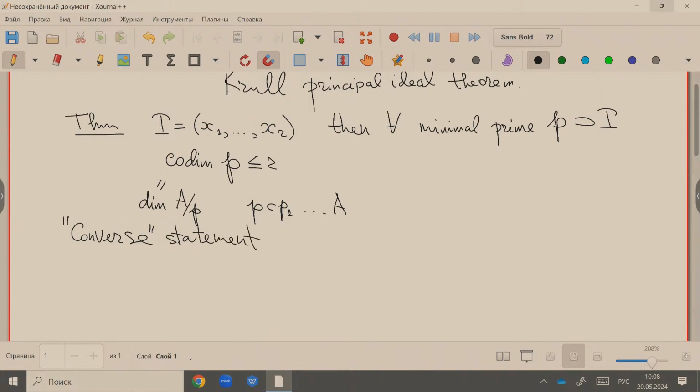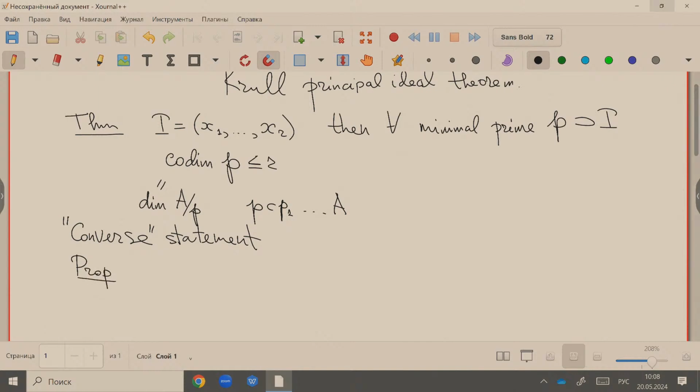This theorem says that whenever you add an equation, the dimension drops by 1. But here, instead of dimension, we precisely use the notion of codimension, which in commutative algebra behaves better. And here there is the following proposition.